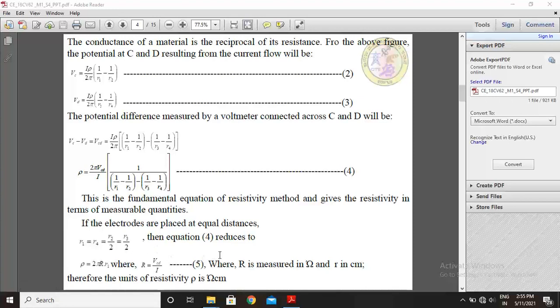Then equation 4 reduces to rho equal to 2 pi into R into R1, where R is given VCD by I, means resistance R equal to V by I. This is equation 5, where R is measured in ohm and small r in centimeters. Therefore, the unit of resistivity rho is ohm centimeters.